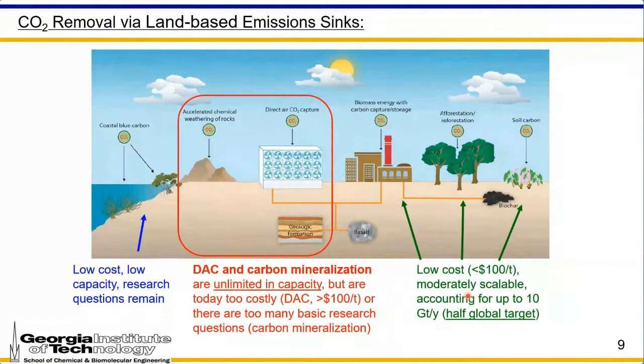And it's relatively certain that we're also going to need contributions from non-natural approaches, such as chemical technologies that focus on the accelerated chemical weathering of rocks, or the removal of CO2 from the air via chemical processes, whereby that CO2 would then be stored underground permanently in geologic formations. So I'm going to focus on DAC, capture of CO2 from air via chemical processes.